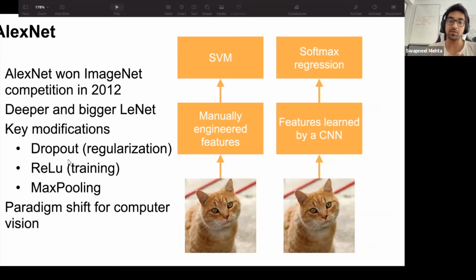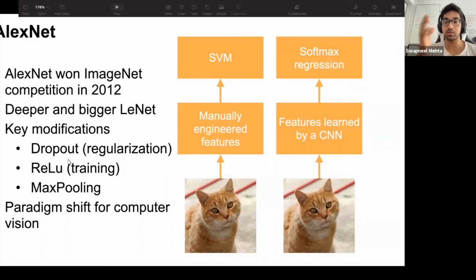But it had these ideas inside it: we've seen dropout before, we've seen ReLUs, and we've seen what max pooling is. So this idea of initially learning some lower level features, combining them to learn higher level features, and reducing the granularity at which you learn the features, that really shone. And people started looking at, okay, we can actually build deeper networks for computer vision.